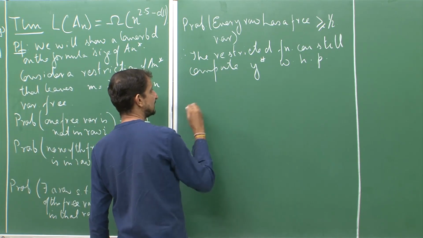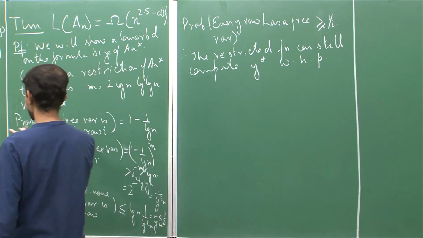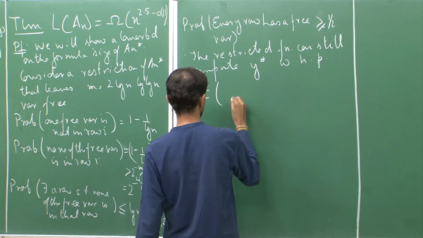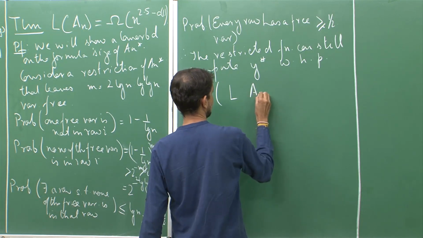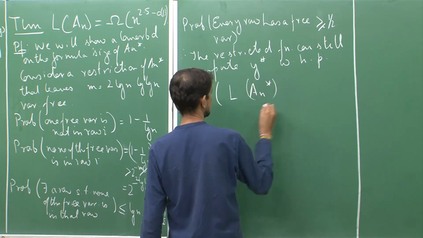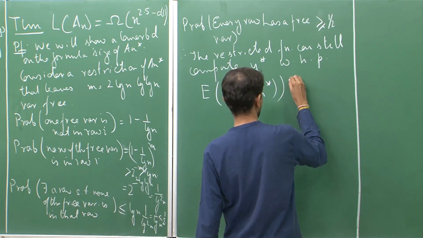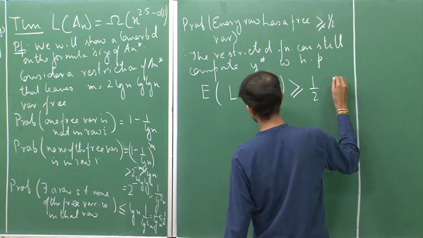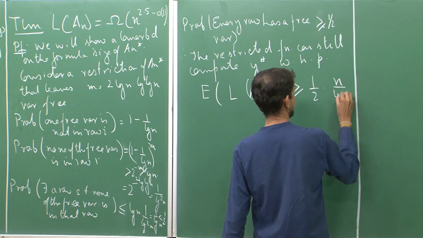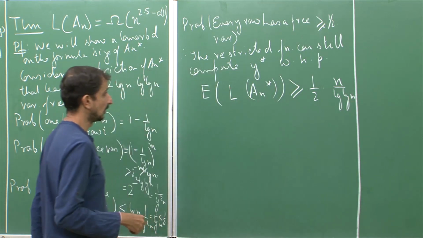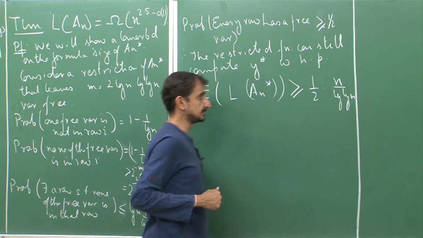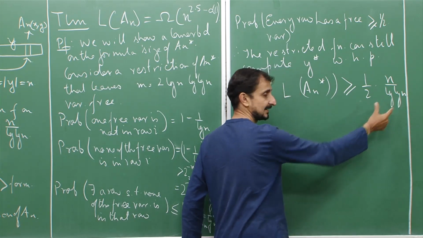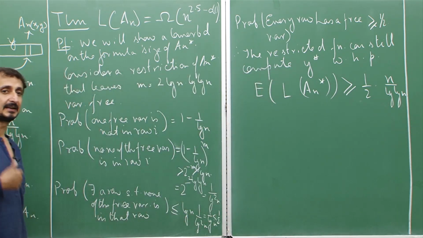So, now we will use this size bound. We know that the expectation of L of A n star is greater than or equal to half times the size bound that we consider, n over log n. This is the probability and this is the size. So, the smallest formula has size at least this much, so on average it will have at least that much.